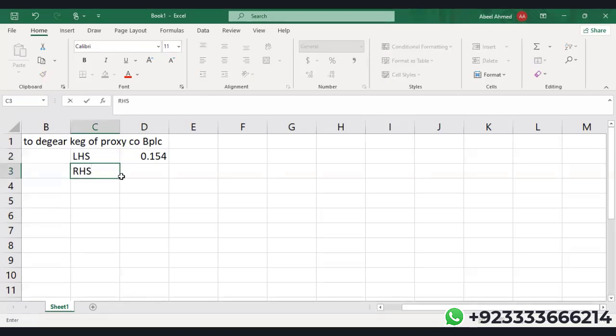Okay, now, if you go towards right hand side, what do we have in right hand side? Obviously, I am not writing KU, otherwise in the cell you cannot solve it.